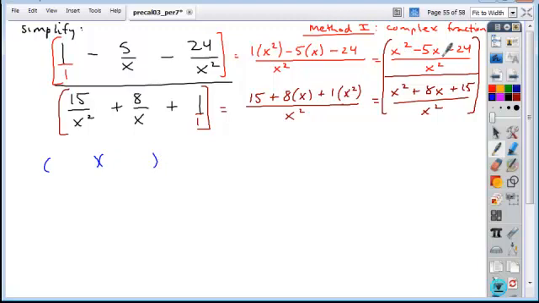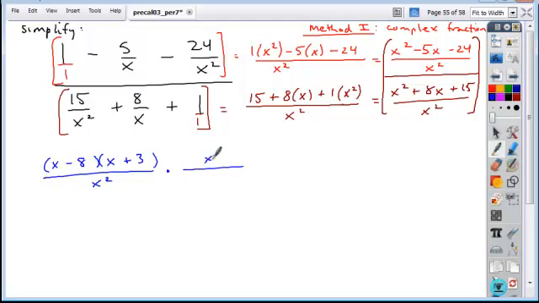So x squared minus 5x minus 24 is going to have binomial factors with the first term x. The second terms are going to be two numbers whose product is negative 24 and whose sum is negative 5, so that is negative 8, positive 3, all over x squared. And then instead of dividing by this fraction, I'm going to multiply by the reciprocal.